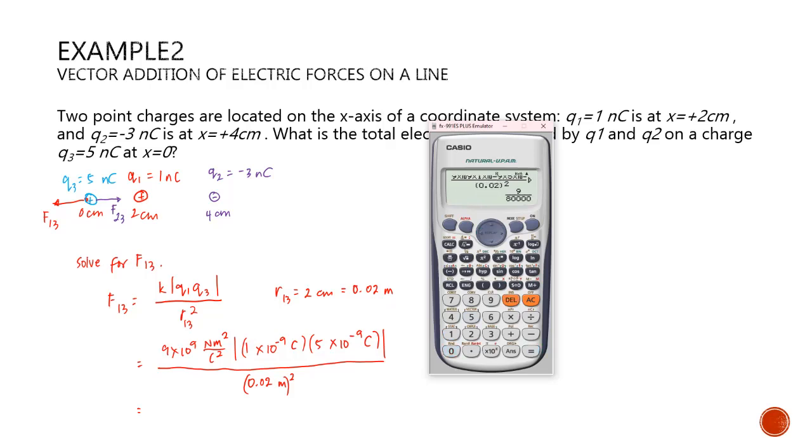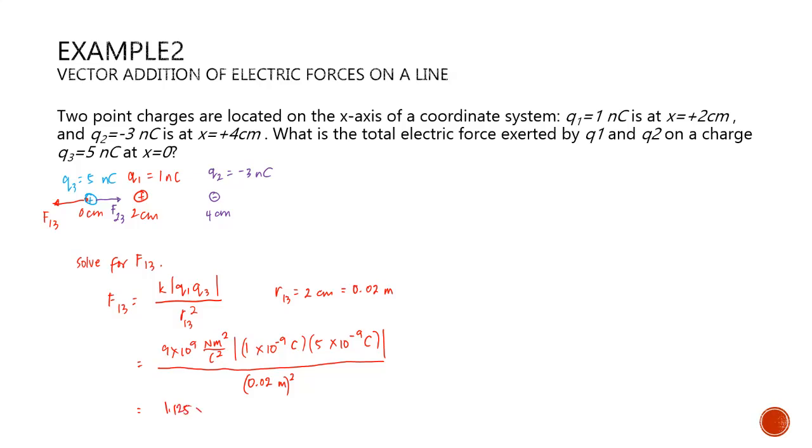So it's 9 over 80,000, or that's 1.125 times 10 raised to the negative 4, in newtons. The direction is away from Q1.